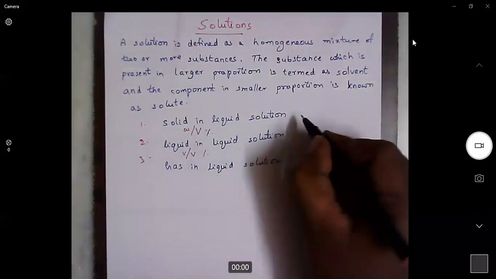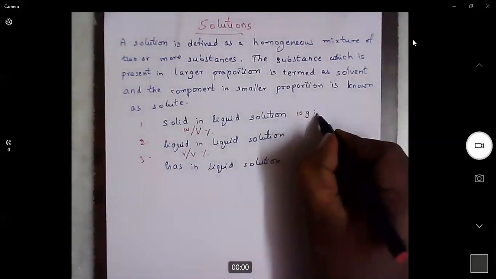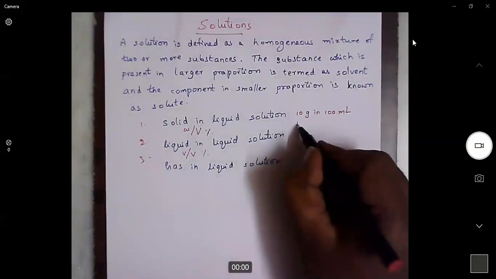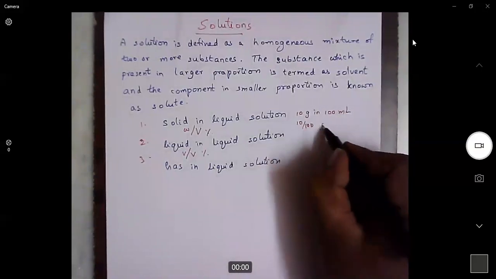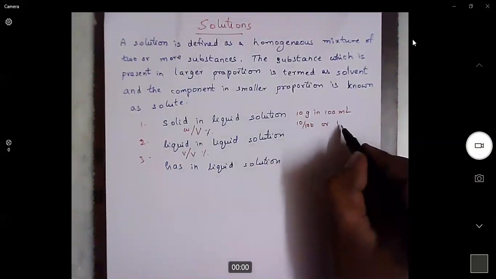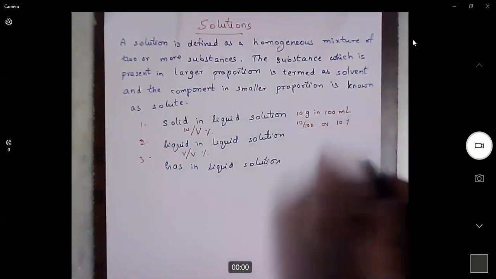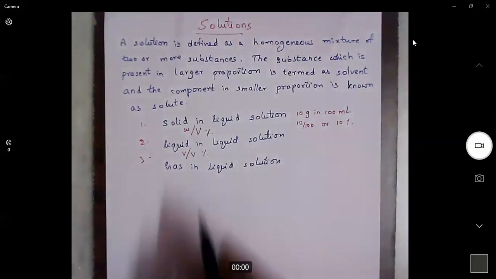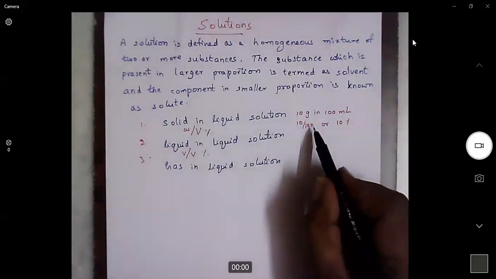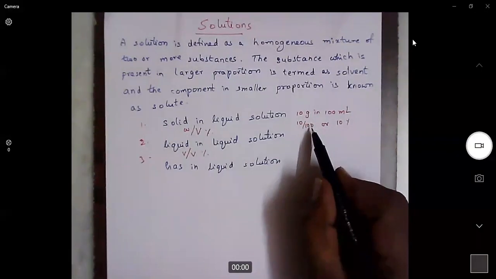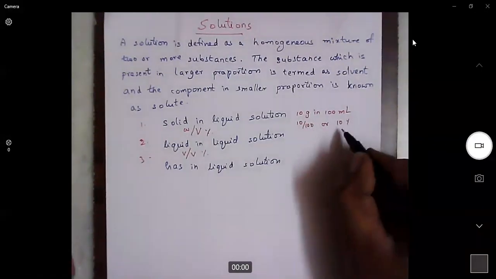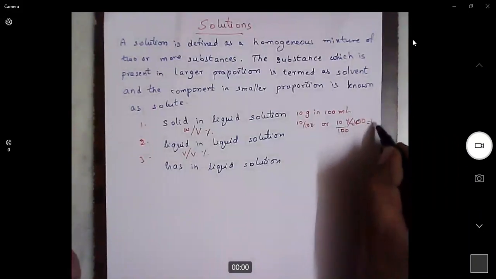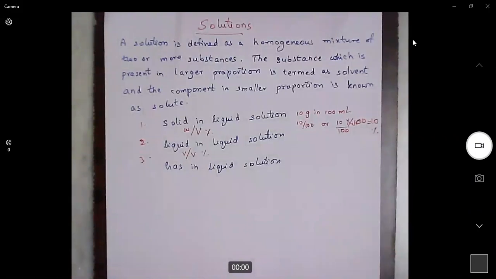Now, what is a weight by volume percentage? Say, for example, if we dissolve 10 grams in 100 ml of solution, then we call it 10 by 100, which gives 0.1. If you want to convert it into percentage, we multiply with 100. So 10 by 100 into 100 gives 10 percent.